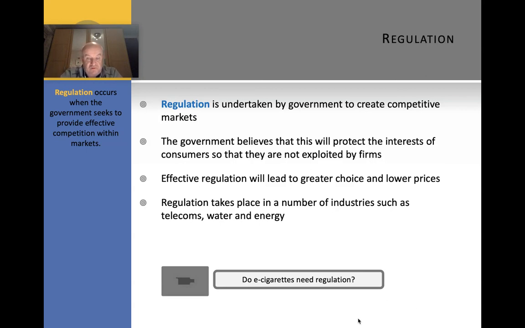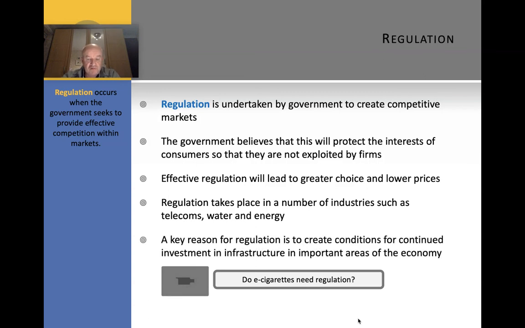And over the period of time where those have been privatised, some of the regulation has actually been put in place to try to encourage greater competition, and also to make sure that we get better choice, lower prices, and are not getting exploited by big organisations that have got lots of market power. One of the main reasons for that regulation is to create conditions that allow for continued investment in infrastructure and important parts of the economy. So clearly that regulation process is a two-way street, really.